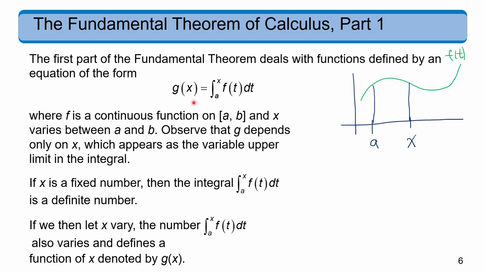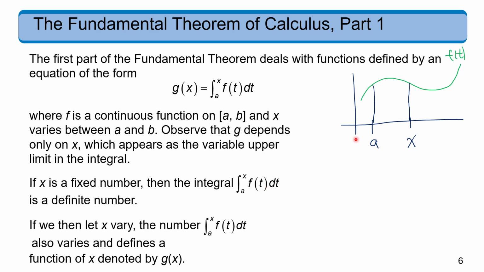Okay, now let's read a little more here. We are assuming that f is continuous because, as we've seen before, continuous functions are guaranteed to be integrable over a fixed interval. Let's see, then we have for each choice of x, whenever you fix x in a particular location, then this integral takes on a number, right?